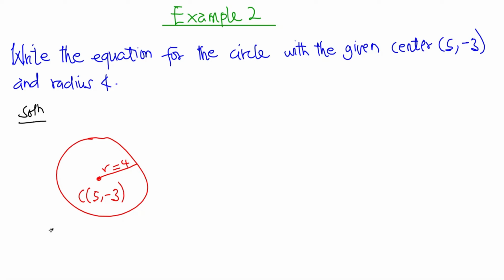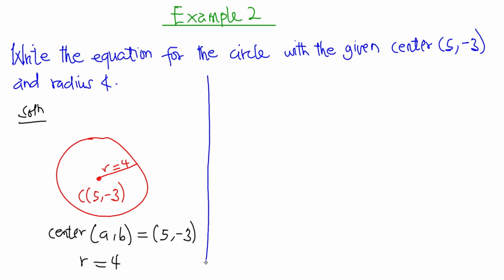So the parameters here is the center, and from the equation of a circle we know that the center is (a, b), and from the question the center is (5, -3), and then we have the radius r equal to 4. Now we want to find the equation of the circle.